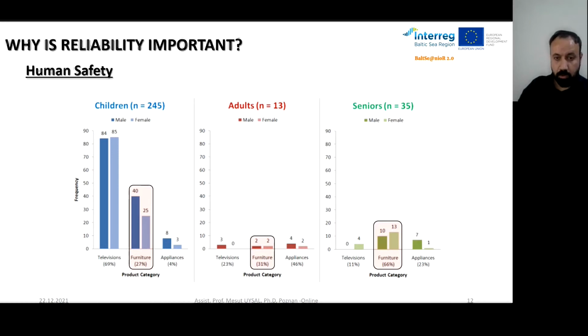This is from a report related to accidents in the home, in the living room or kitchen. So the accident and injury rates because of furniture are really high. Because of that, if we increase the reliability, stability, and strength of the furniture, we can decrease these numbers. We can provide more reliable furniture to users.